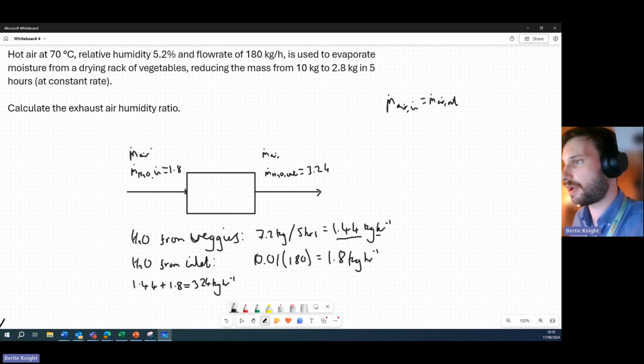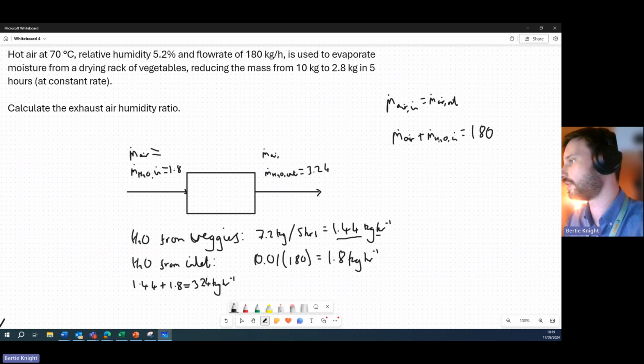It's the M air that is left here. We know that M air plus M H2O in is equivalent to 180 kilograms per hour.